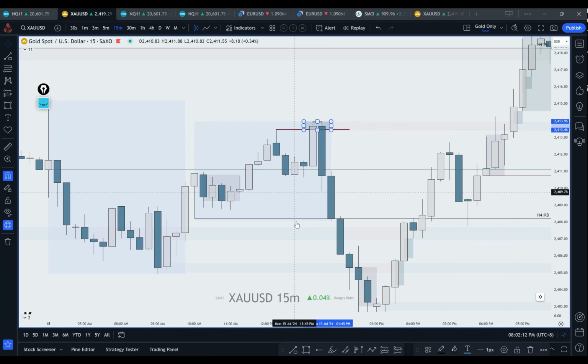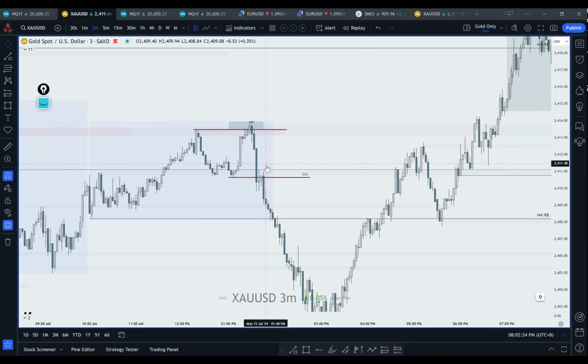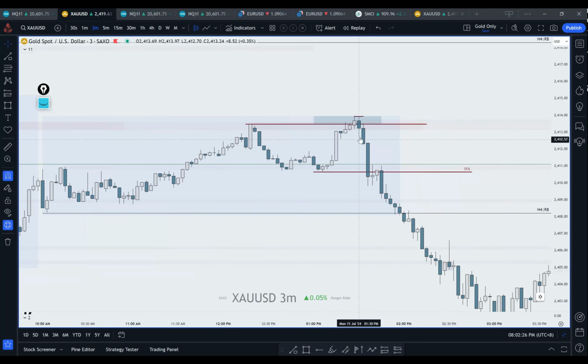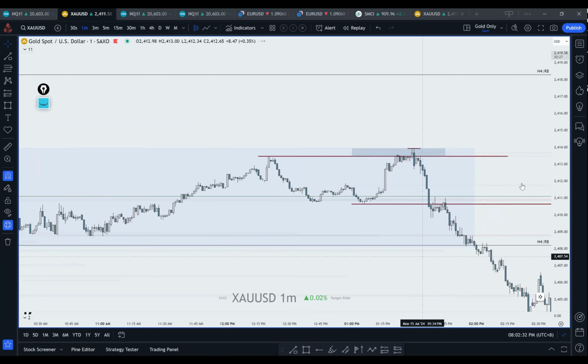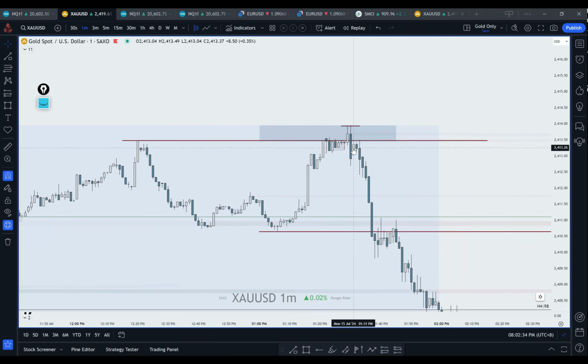So if you get the order pairing, then this is your target, the next 3-candle formation, draw on liquidity. So now you go on the 3-minute time frame and you need to find the entry into this area. Maybe on the 1-minute time frame you check if you can find the entry.